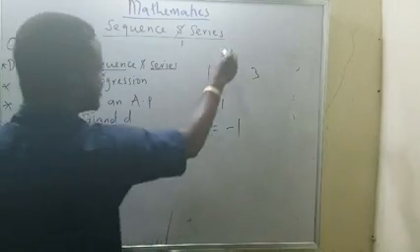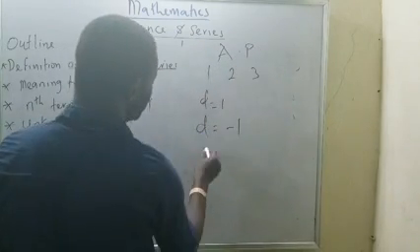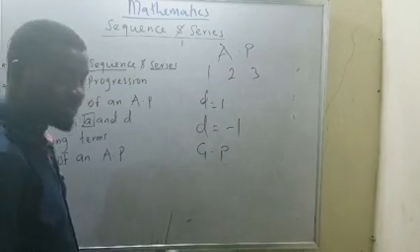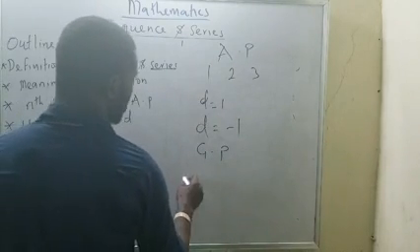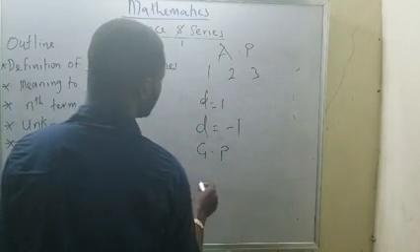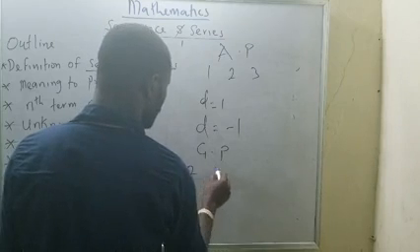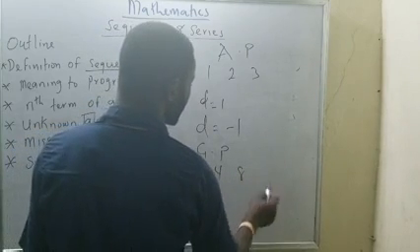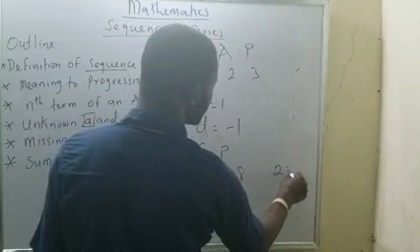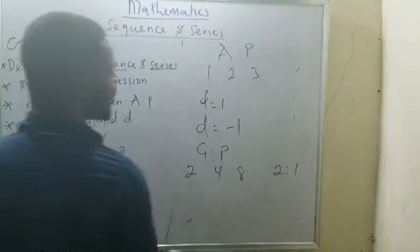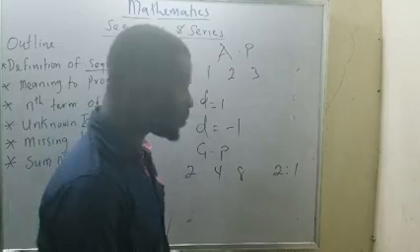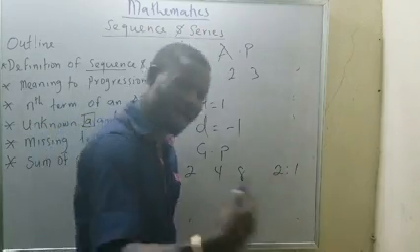Likewise, for GP, this one is AP. GP also: if the terms are 1, 2, 4, 8, the common ratio here is 2:1, meaning 2 divided by 1, and it will be ascending.